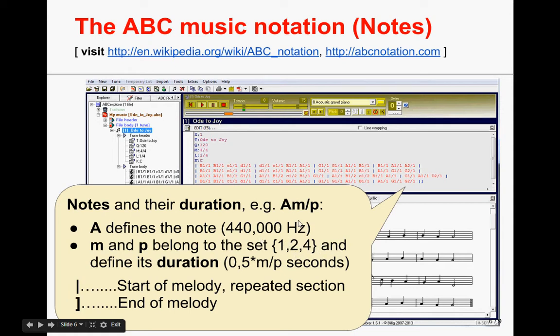So, in this case here, for example, the duration of the note is represented in the form of 2/1. This means that it would be half a second times 2/1. That is to say, this note would have a duration of 1 second.